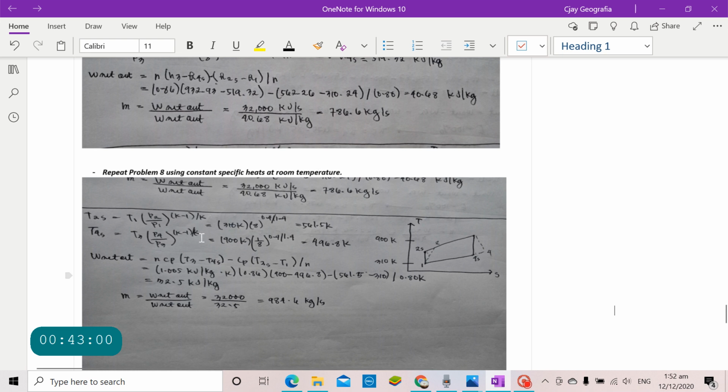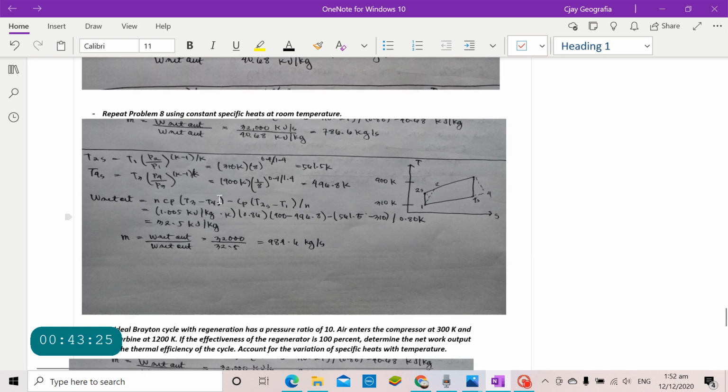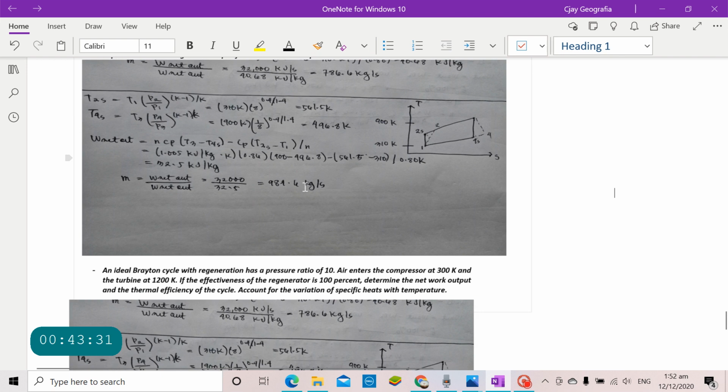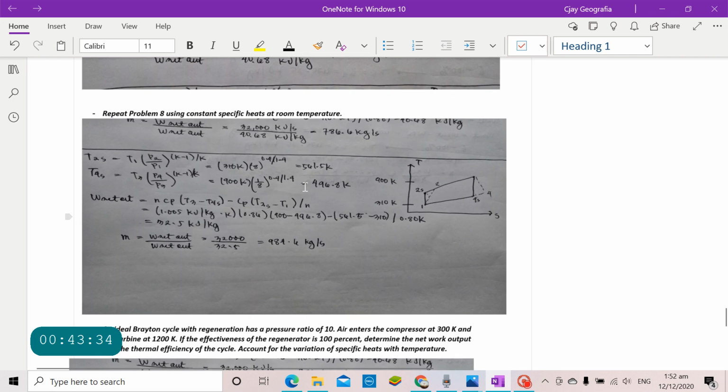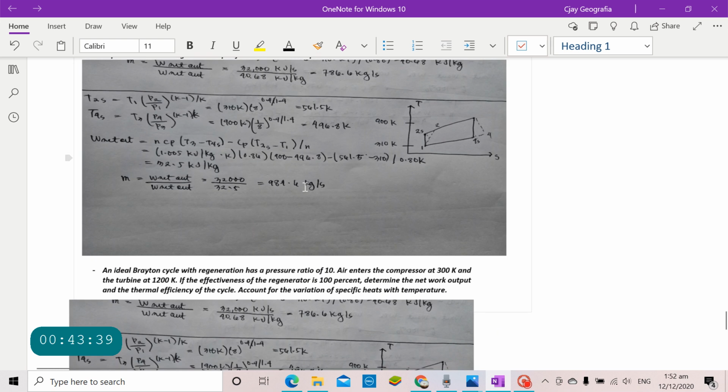Most often it will increase because, as we know, with specific heat at room temperature there should be a more steady temperature increase, and that is responsible for and connected to the process or the cycle in a turbine or in an air standard cycle, the Brayton cycle.